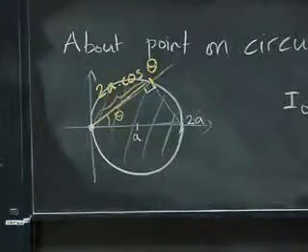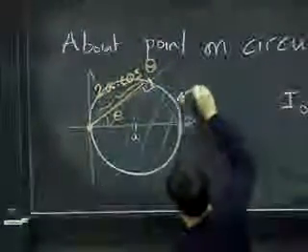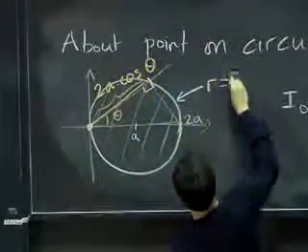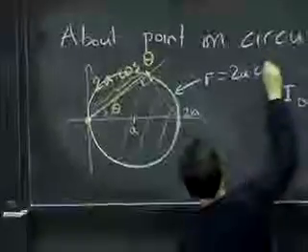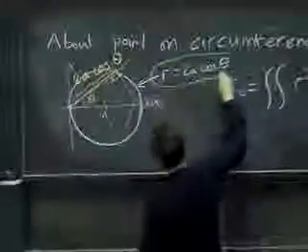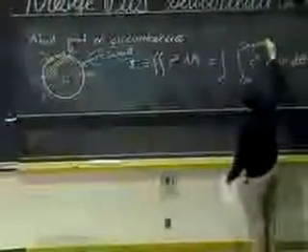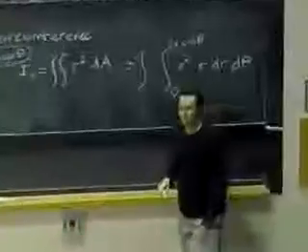So the polar coordinates equation of this circle passing through the origin is r equals 2a cosine theta. So r will go from 0 to 2a cosine theta. That's the distance here.